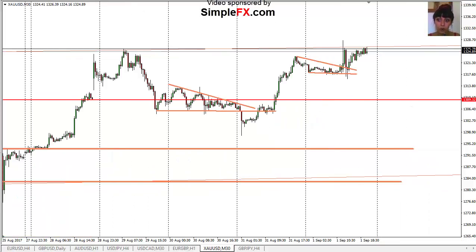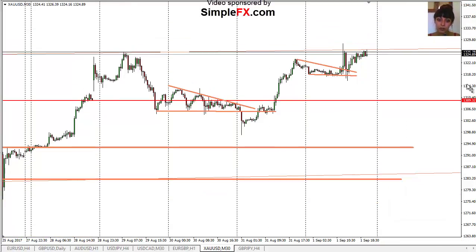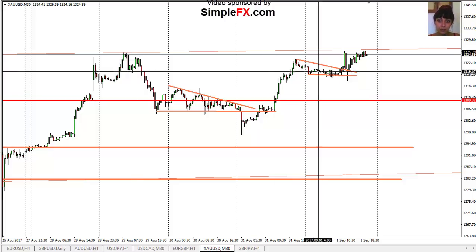But what I would probably go for, because American news also influences gold, is non-farm. Because you see, after that big jump, it created a little pennant, and inside the pennant a little channel here. So that's why I probably would go for non-farm, which wasn't fantastic even for gold.